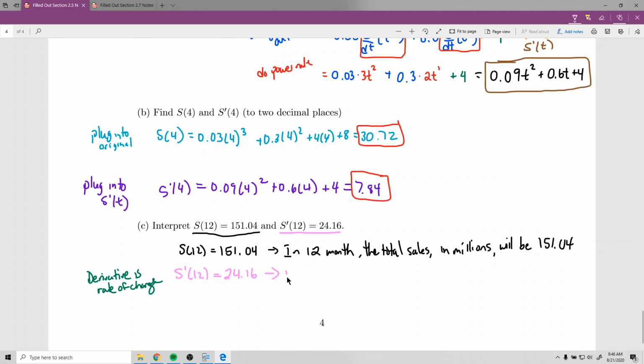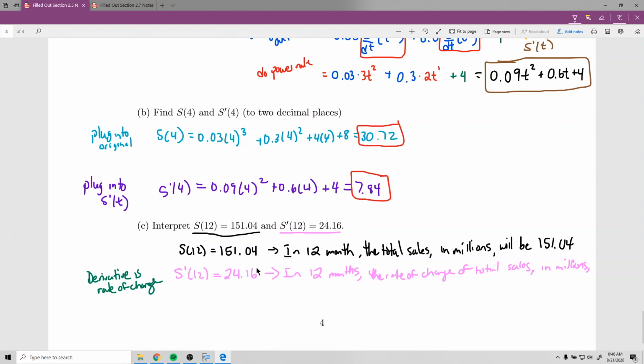We can still say in 12 months, the rate of change of total sales in millions. So it almost looks the same, except we replace sales with rate of change of total sales.